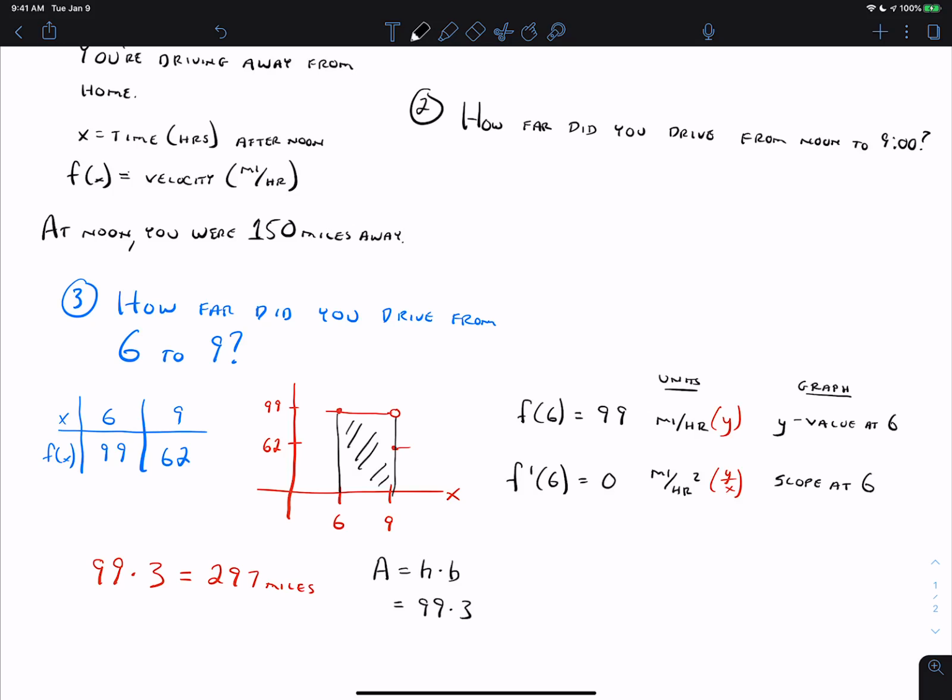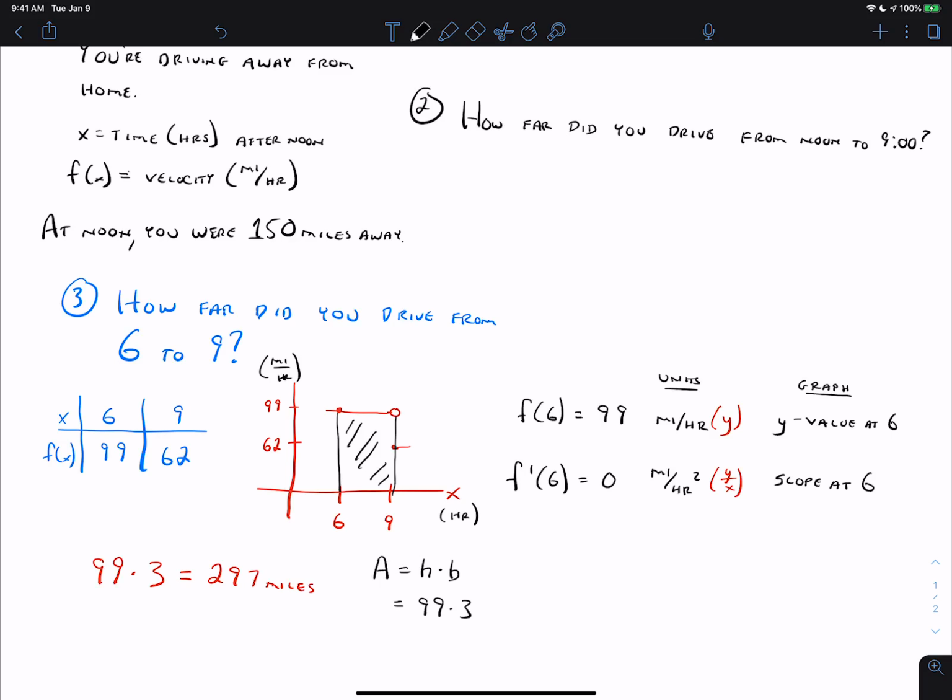It's weird that area can be miles. Normally area would be something like square feet or square inches, or usually square units. In this case though, on the x-axis we're graphing hours. So the units here are hours, and the units on the y-axis are miles per hour, which means that the height is measured in miles per hour, not a unit that's normally associated with length.